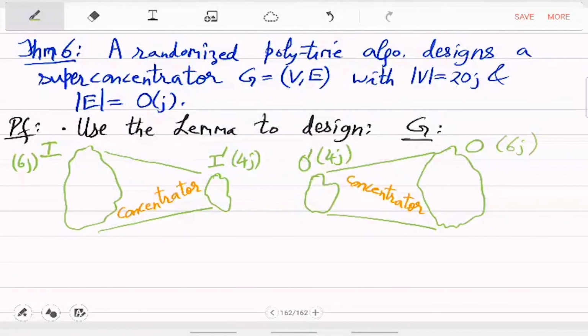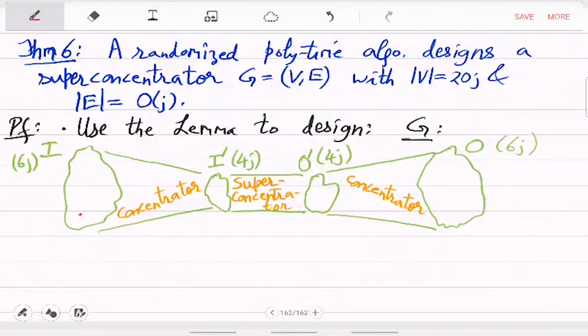And I prime to O prime you basically recurse down and use a super concentrator. Okay, so this part is a super concentrator. So this is almost the final construction. You use two concentrators or two copies of the same concentrator and one smaller super concentrator, and also have matchings.